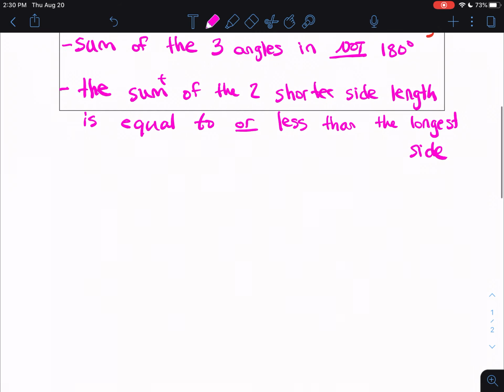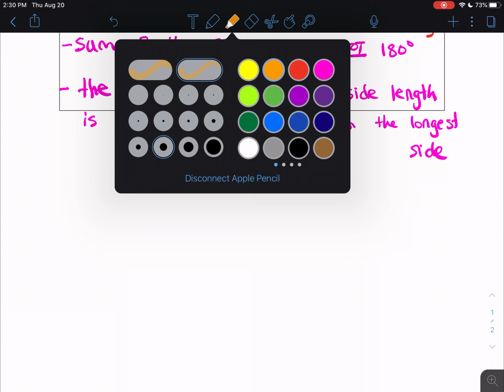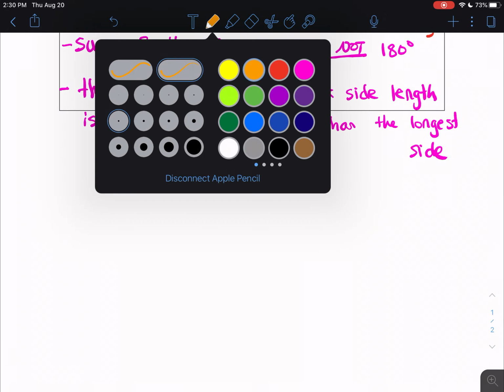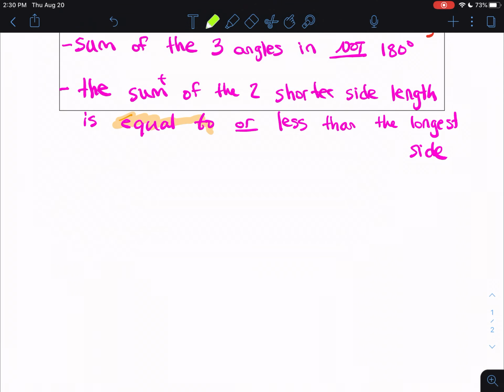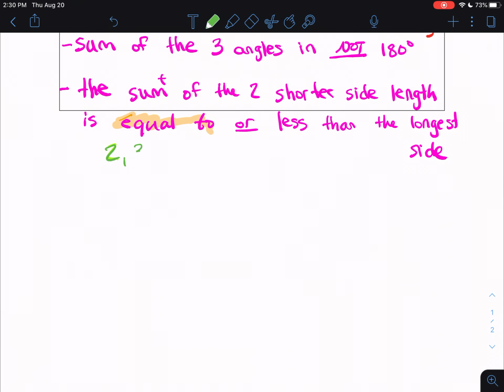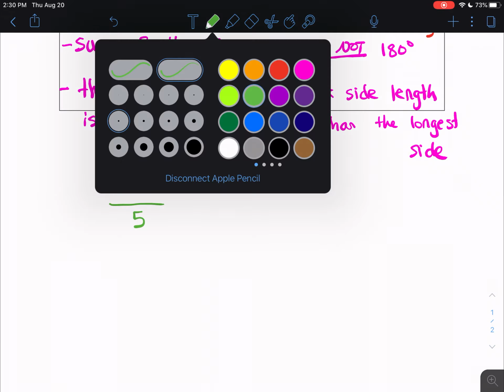So I'm going to highlight. If we're equal to, remember what that would look like? One of my classes said it kind of looked like a popsicle. If we were given side lengths of 2, 3, and 5, we would have this 5 here.